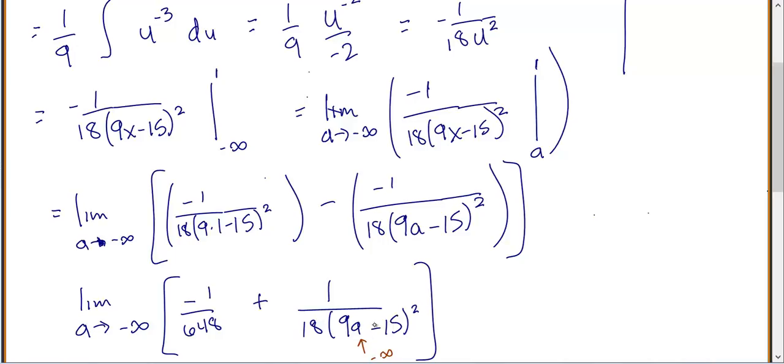Oh, and we forgot to square it, so it's going to be really, really big. So even though it's a negative, that's not really affecting us. We're still getting really, really big numbers. When you divide by really, really big numbers, that whole part goes to 0. So all that's left is negative 1 over 648, or about 0.00154.